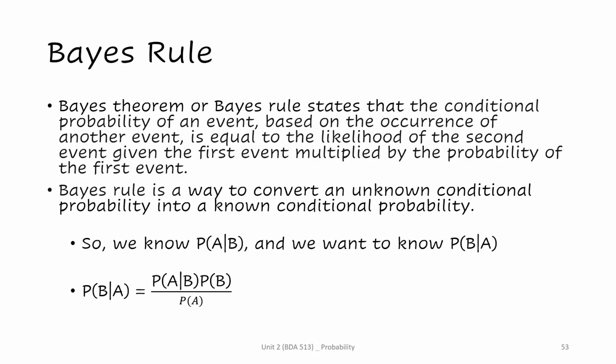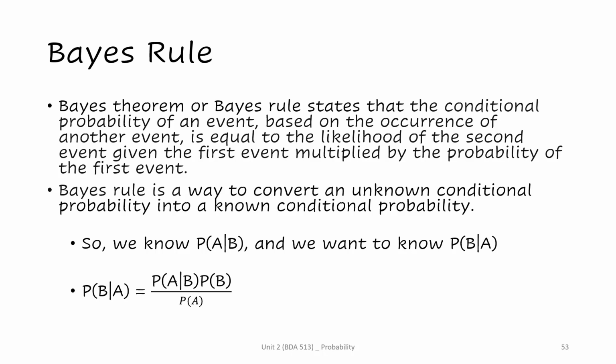So if the traffic is red, what is the probability that the next time is going to be orange or green? Those kind of things. So if you know one, then you can move to the other.